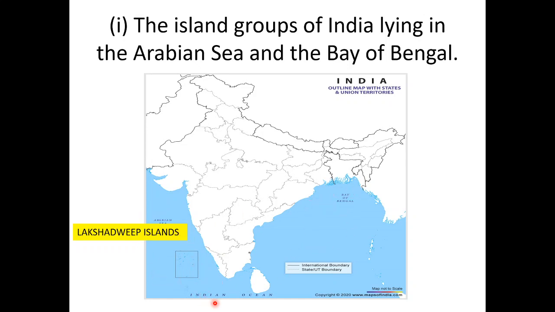And downside we have Indian Ocean. Okay, so we have one island group in Arabian Sea and the second island group in Bay of Bengal, that is Andaman and Nicobar Island. Okay, so this is Andaman and Nicobar, and this we have Lakshadweep Island.